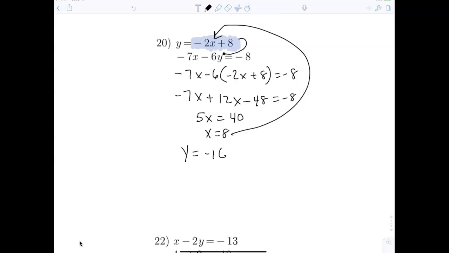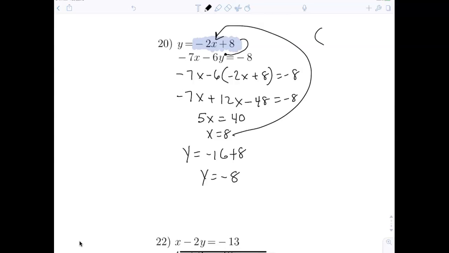So negative 16 plus 8. So y equals what? Negative 8. Everybody okay with that? And then, of course, you always write them in alphabetical order. So x, then y. So what was x? 8. And y is negative 8.